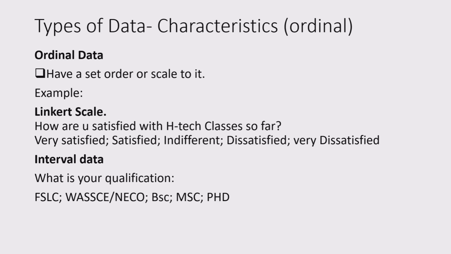If you check, it follows a scale, so in this case, it's an ordinal type of data. Or if you ask what's your qualification: first school leaving certificate, WAEC/NECO, BSc, MSc, PhD. In this case, it is following an order. For you to get your MSc, you need a BSc. For you to get your PhD, you need an MSc. So you see that there is an order. This is an example of ordinal data.